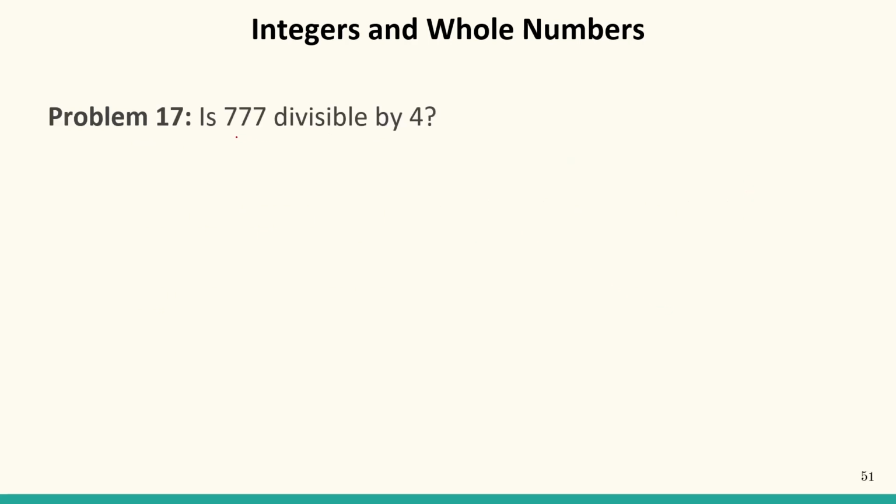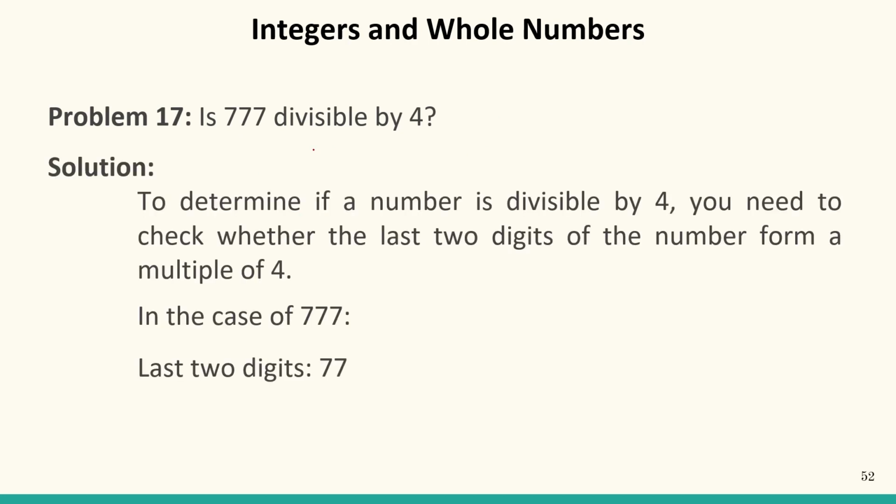Let's go forward with problem number 17. Is 777 divisible by 4? No. You must be wondering why. We'll learn the concept of relationships between numbers, but let me tell you right here. A number is divisible by 4 only when 4 divides its last two digits. Since 4 does not divide 77, it can never be divisible by 4.